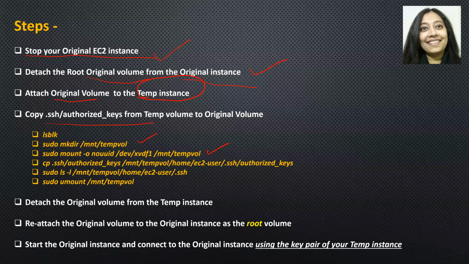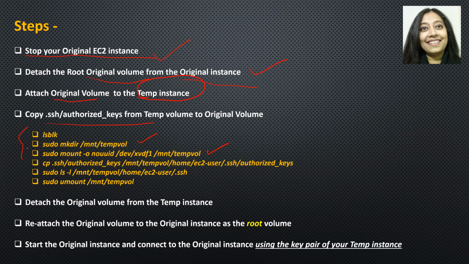So we have completed the first 3 steps. The next thing that we do is we will copy the .ssh/authorized_keys from our temp volume, that is the volume of our temporary instance, to our original volume, that is the volume of our original instance. We have to basically just copy this file over.